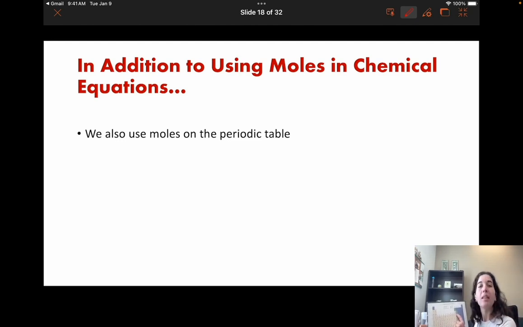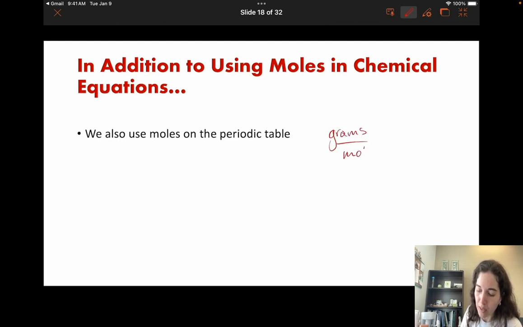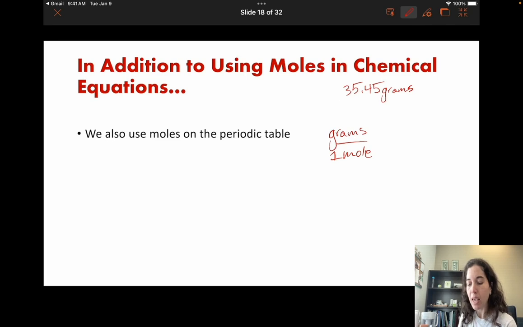These have units on them, and the unit on the periodic table, the mass unit, is grams per mole, per 1 mole. So the molar mass of chlorine is 35.45 on the periodic table, which means that's 35.45 grams in every 1 mole of chlorine.